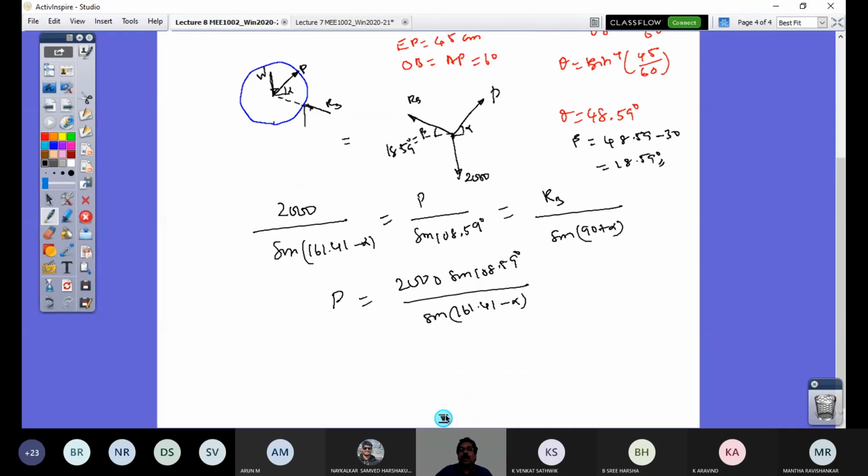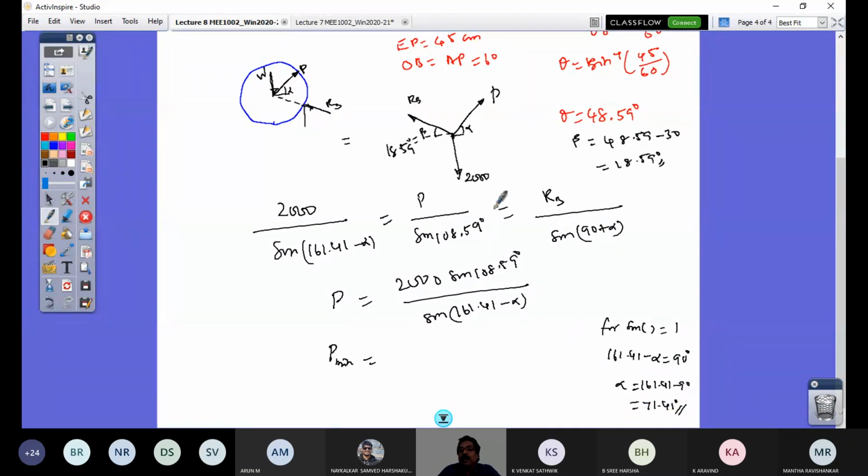What is asked? What is the smallest force P required? So for P to be minimum, the condition is the denominator should be maximum. What is the maximum value of sine of an angle? 1. So for sine of this equal to 1, the angle 161.41 minus alpha should be equal to 90 degrees. So alpha will be 161.41 minus 90, which is 71.41 degrees.